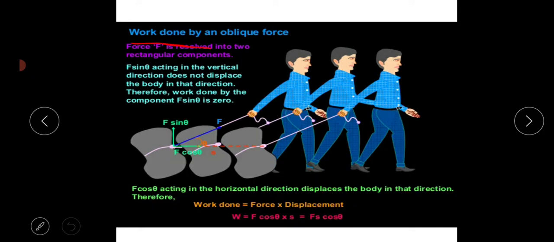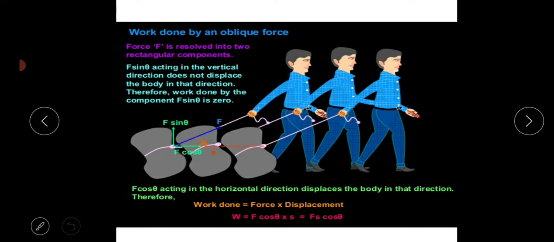Work done by oblique force. Force F is resolved into two rectangular components, F sin theta and F cos theta. F sin theta, acting in the vertical direction, does not displace the body in that direction. Therefore, work done by the component F sin theta is equal to 0.